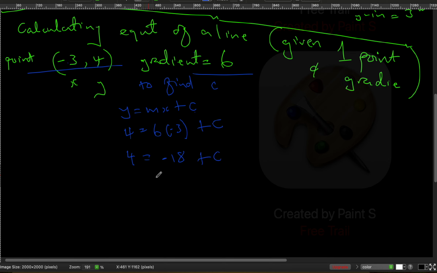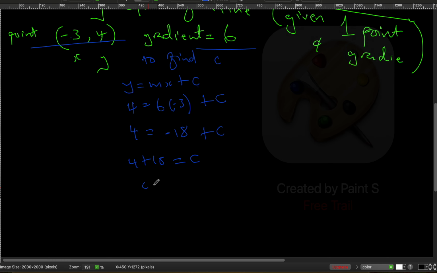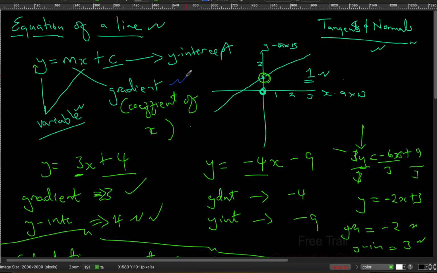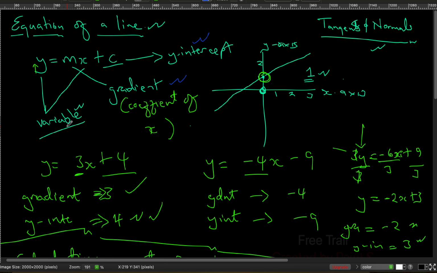I'll take this to the other side, so I now have 4 plus 18 being equal to c. So my c is equal to 22. Now I have found the value of c. I can go back to the original equation and substitute the value of c. Remember, we need only find the gradient and the y-intercept. x and y are variables, they will stay like that.